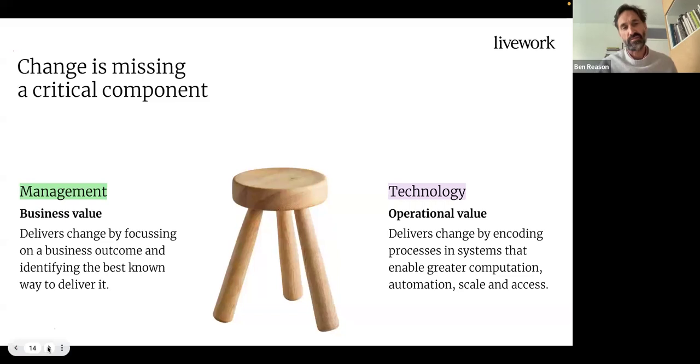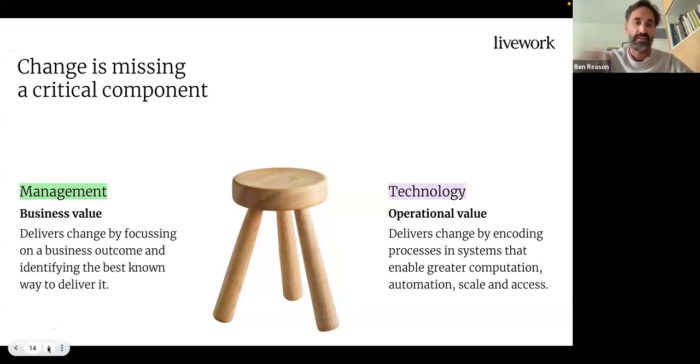To reduce the management approach down to a slightly pithy statement, it focuses on business outcomes as a priority and a very sharp, deliberate approach to get there. And technology looks at change in terms of automation and scale.